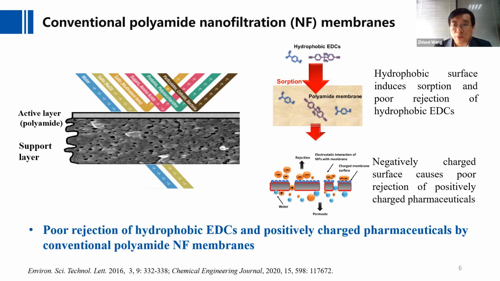For instance, the polyamide membrane is usually negatively charged, so the membrane surface will cause poor rejection of positively charged pharmaceuticals. Also, the interaction between the polyamide surface and the pollutants, such as hydrophobic interaction, will cause the adsorption of EDCs and thus a poor rejection of these pollutants.